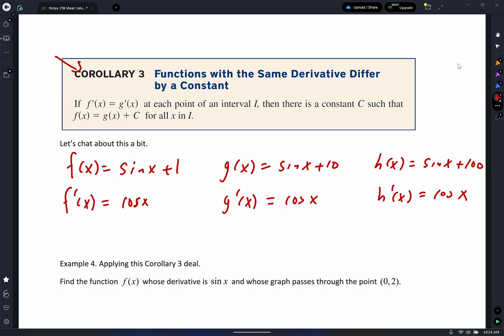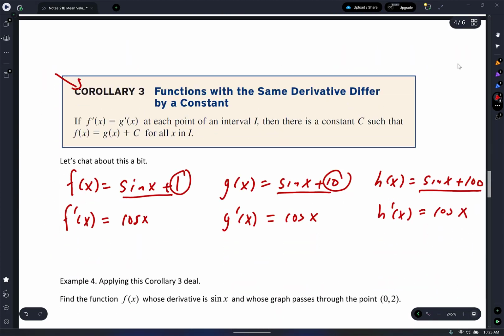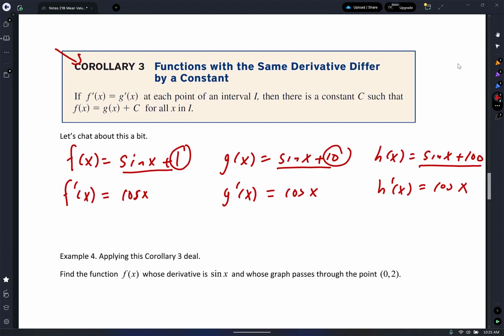Do we notice that, guys? All of these, sine x plus 1, sine x plus 10, sine x plus 100, just differ by a constant. The constant is 1, the constant is 10, the constant is 100. So from now on, when we say what's the antiderivative of cosine x, you're going to say f of x equals sine x plus c, which is true. It's just a constant.